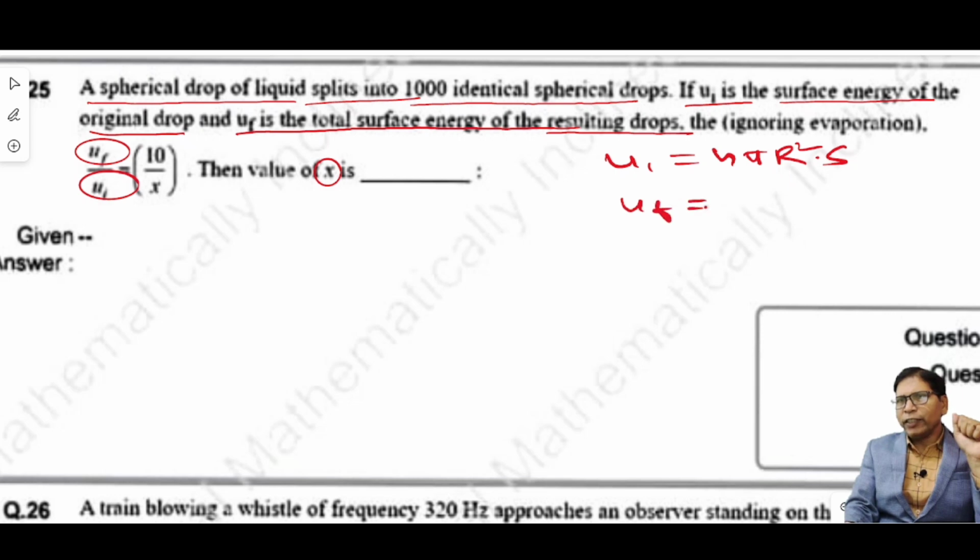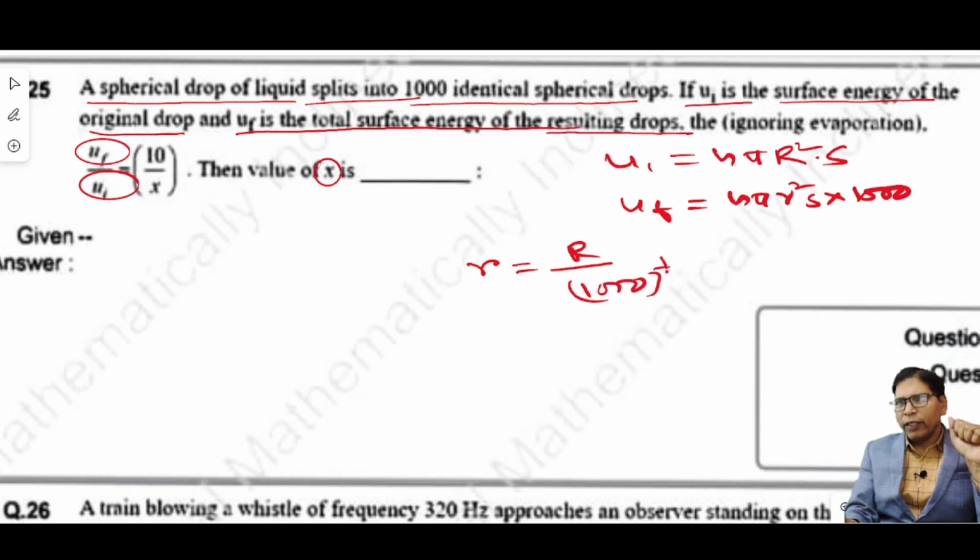Now the surface energy UI is 4 pi r square into s. Now the surface energy of the final drops is 4 pi small r square into s into 1000. Here r is equal to capital R divided by 1000 to the power 1/3, that is r by 10.